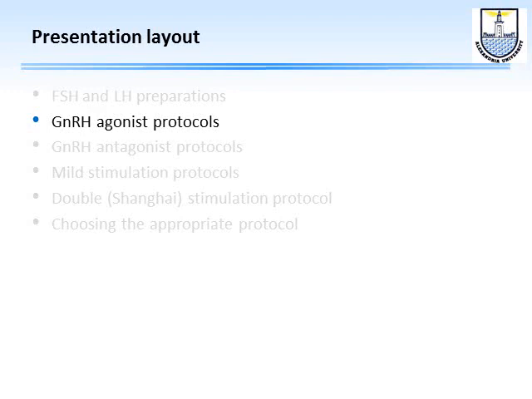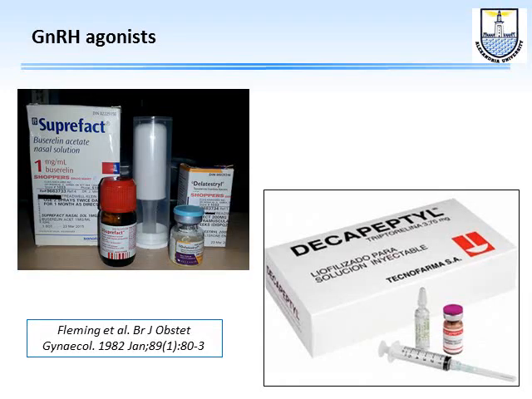What about the agonist protocols? In 1982, this paper came from the group of Glasgow, Professor Richard Fleming and Ian Coates and Professor McNaughton and David Barlow and others. The company called Hoechst had produced this drug called Suprefact.